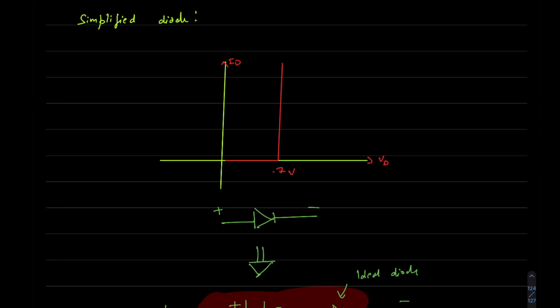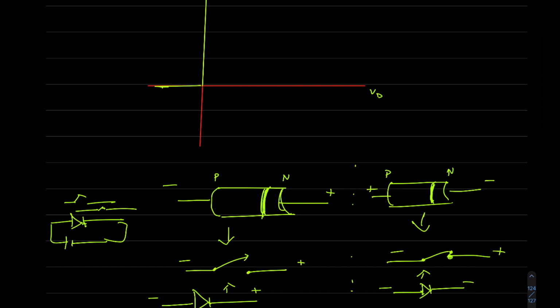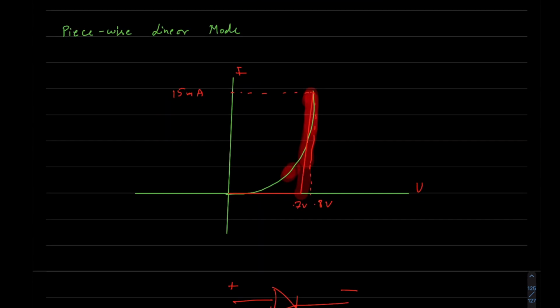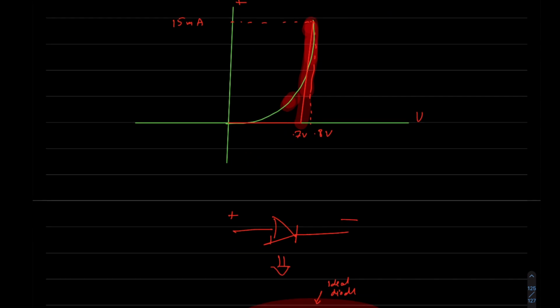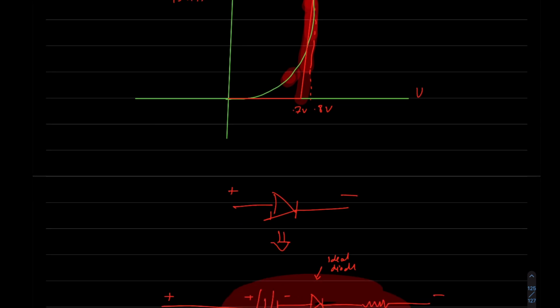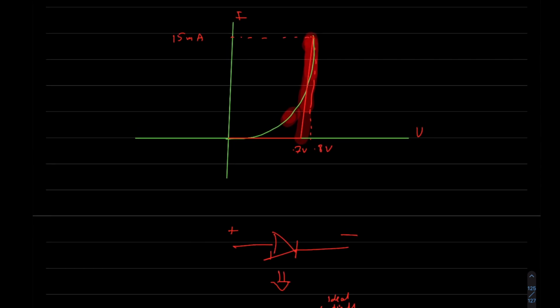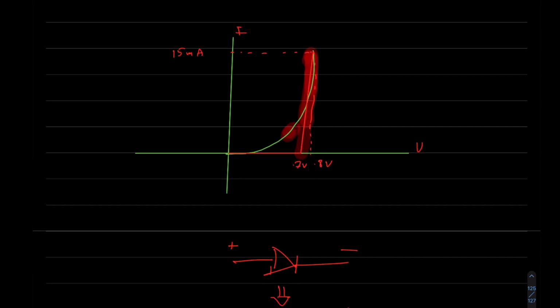For the simplified model, for the ideal model, this is just basically an open switch. But again, according to our needs, we can choose one of these models, right? So now let's think, what's the resistance value of this resistor for this diode? In the VI graph, you know what an average resistance value is: V over I. V would be 0.8 minus 0.7 over 15 milliampere, because it goes from 0 to 15 milliampere in the region of 0.7 to 0.8, right?